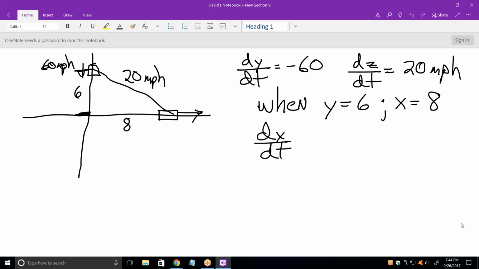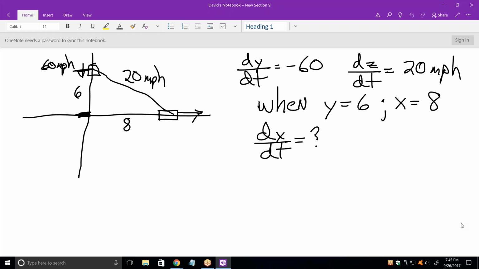I have no idea how fast the robber car is going. The only thing I know is it's separating from the police car at 20 miles per hour at this moment in time when the police car is exactly 6 miles from the intersection and the robber car is exactly 8 miles from the intersection. So dx dt is what we're trying to solve for.